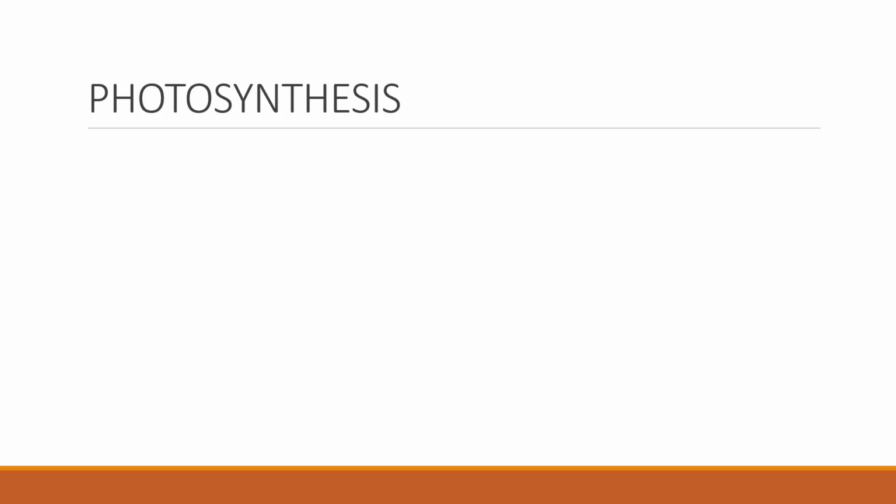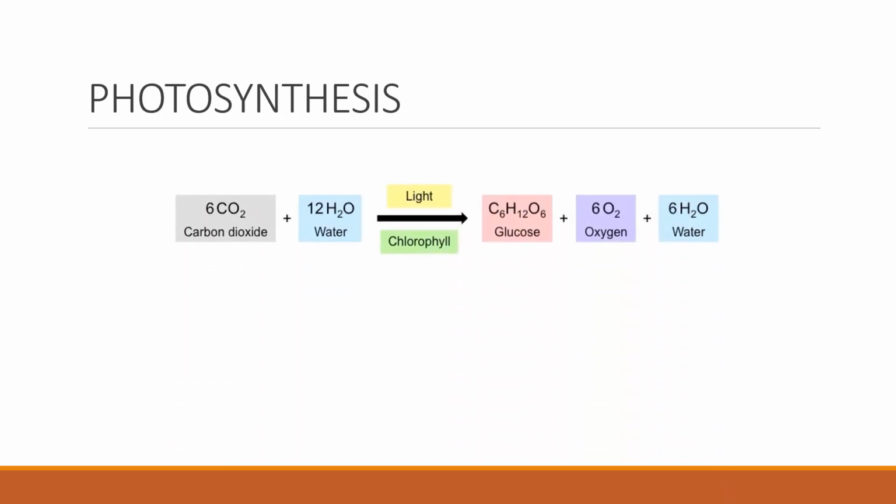Next up, photosynthesis. Again, the word equation is very important for our syllabus. This is the actual equation, which is very long and very confusing. Carbon dioxide plus water, with the presence of light and chlorophyll, forms glucose, oxygen, and water.